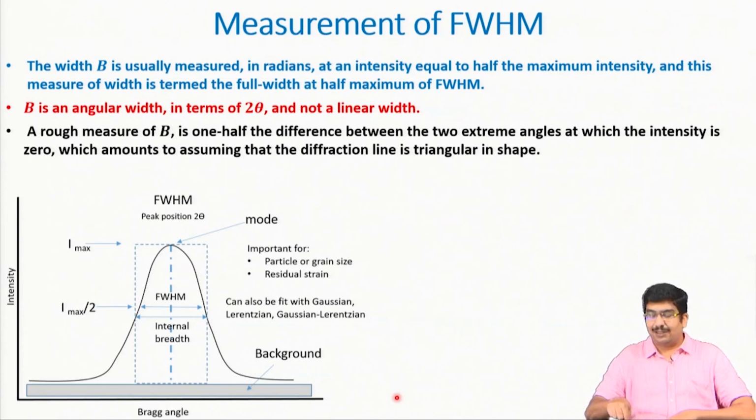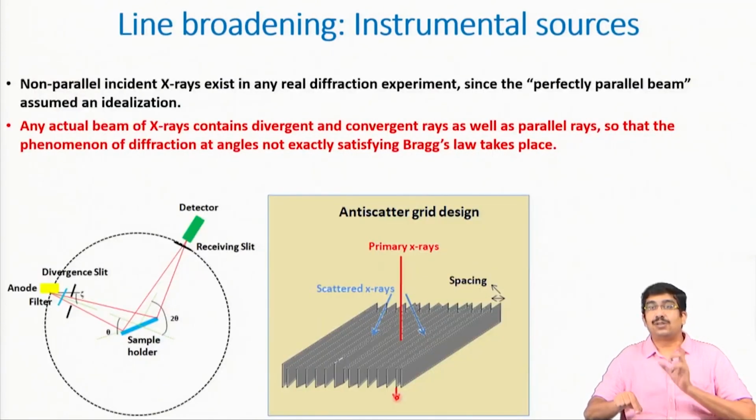So, we must correct it using the hardware. As I said, we use different types of filters, anti-scattering grids and so on, and usually after using these the line broadening comes down to a very low value. We can safely neglect that for most diffraction experiments, such as refinement experiments or X-ray diffraction experiments.